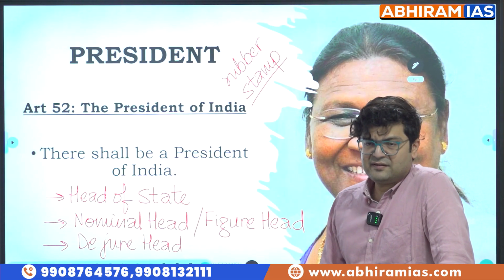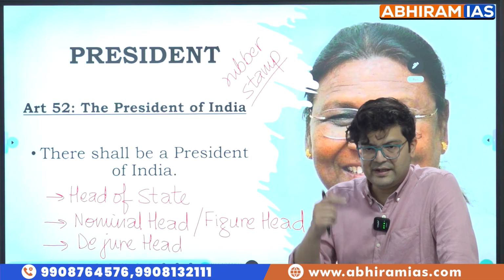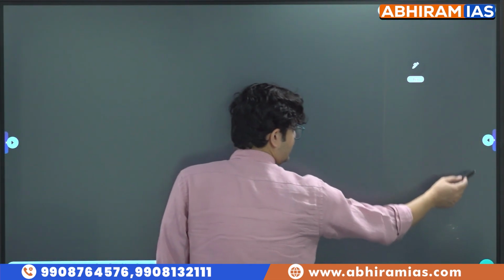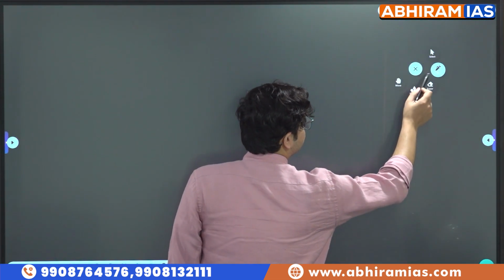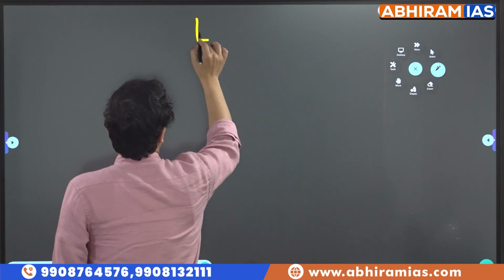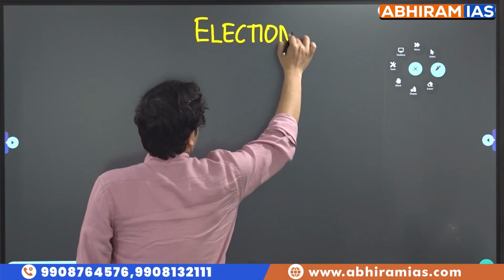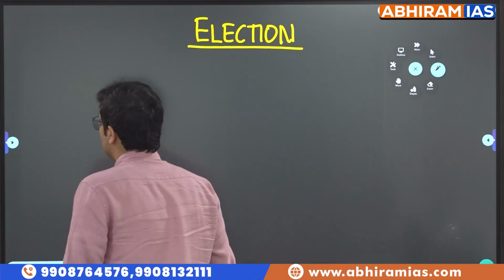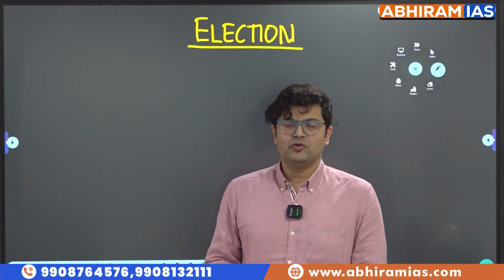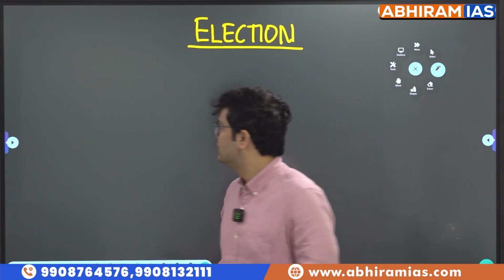Before we begin our discussion on the powers, etc., the first thing to understand is how are these people elected? Heading, election. Very easy and simple. Election. So when it comes to election of the Indian President, of course, we have some constitutional provisions that govern the conduct of elections.